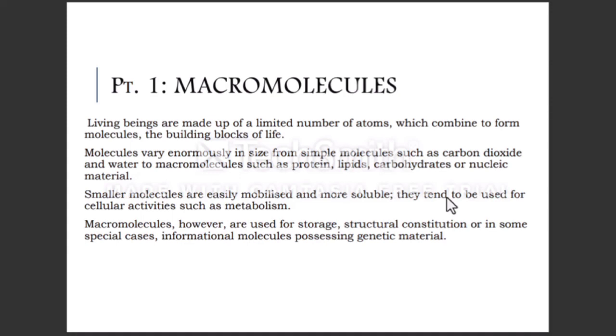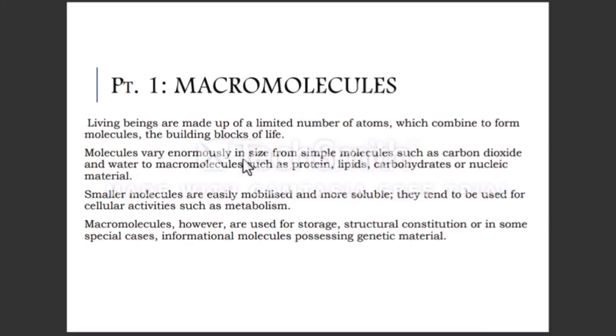Molecules that are very huge, and at times some of these molecules can be visible to us humans with the help of a microscope. So you could imagine how big these molecules are. So we call these molecules macromolecules. Macro, which means large. So these are large molecules.